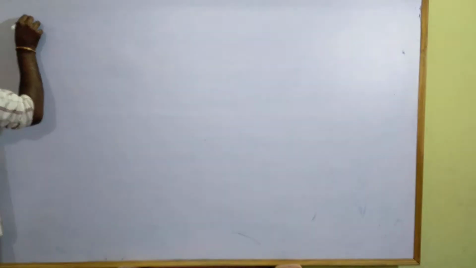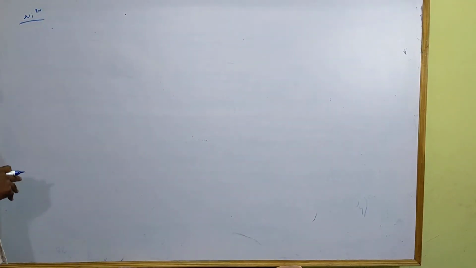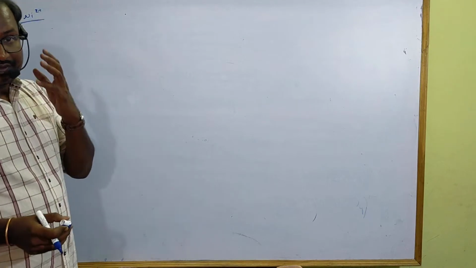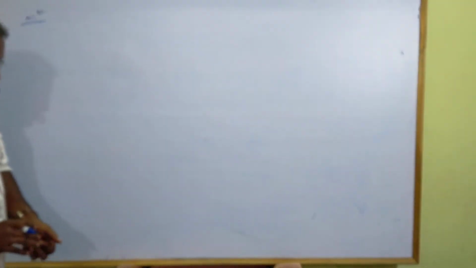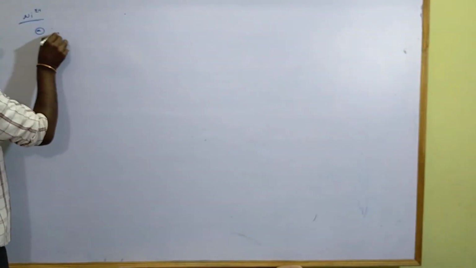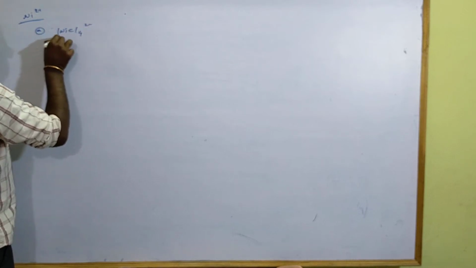I am taking nickel, Ni2+, because we have seen many examples for nickel. In coordination number 4 we have seen, and in coordination number 6 also we have seen nickel. First I am taking [NiCl4]2-.